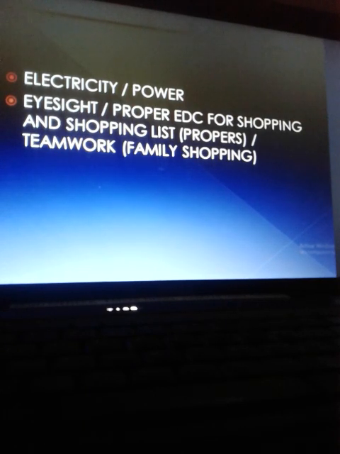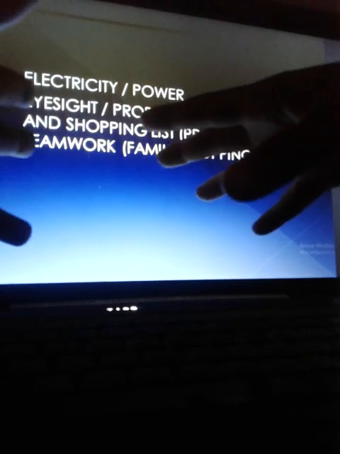Because quite frankly, getting a generator is very, very easy. However, finding the fuel for the generator, and finding the technician who fixes the generator when it goes down, that is the problem. Your generator, easy.